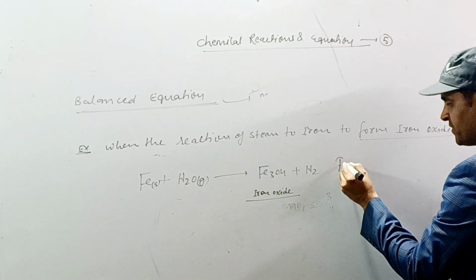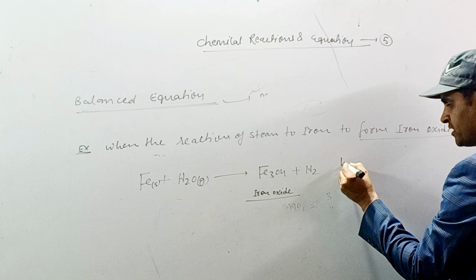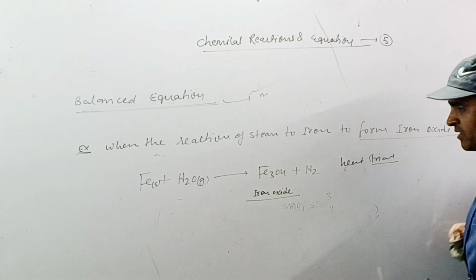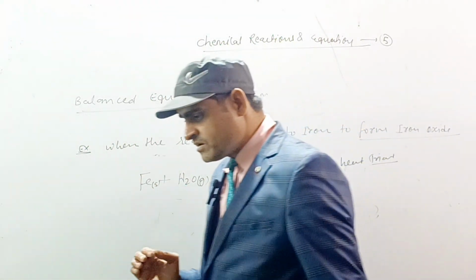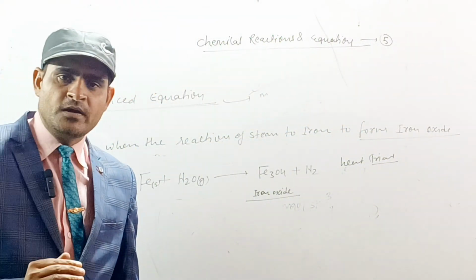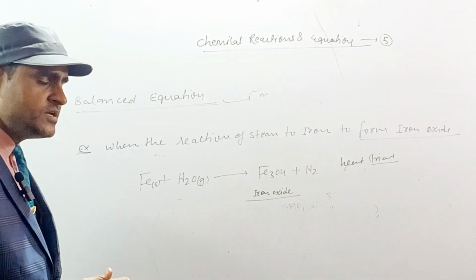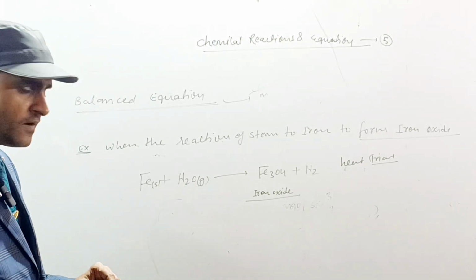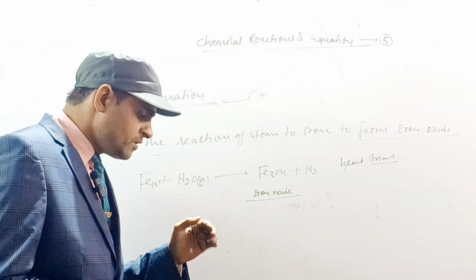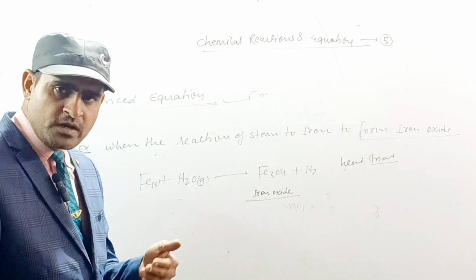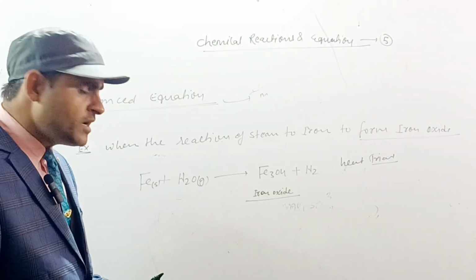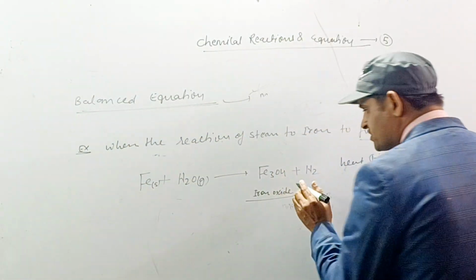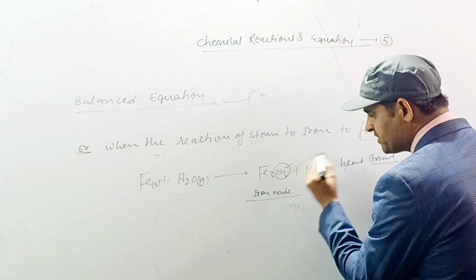So our method is the hit and trial method. What is the hit and trial method? This method says that if you want to convert an imbalanced equation into a balanced equation, you should first balance the atoms found in the maximum number in the reactant or product. In this reaction, the maximum number of atoms is oxygen.